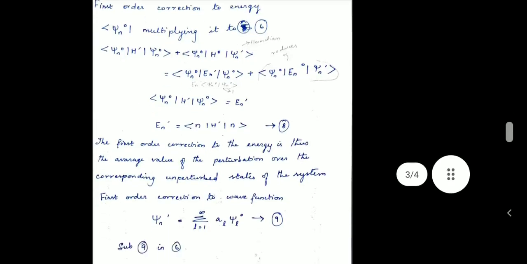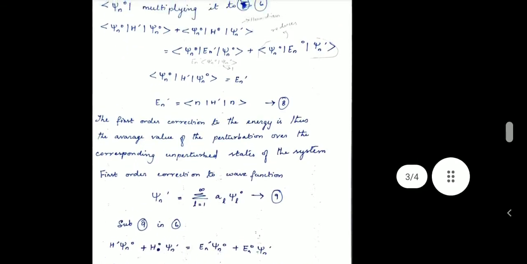And the first order correction to the wave function is, we assume that psi n dash is equal to summation of L is equal to 1 to infinity A L psi L naught. We are naming this equation as 9.